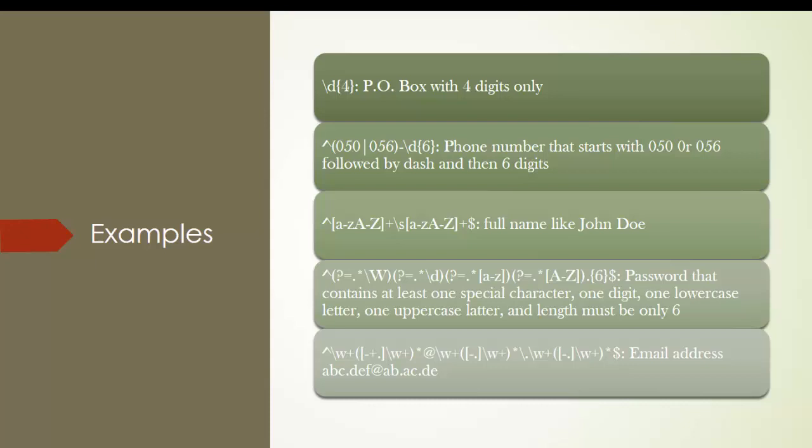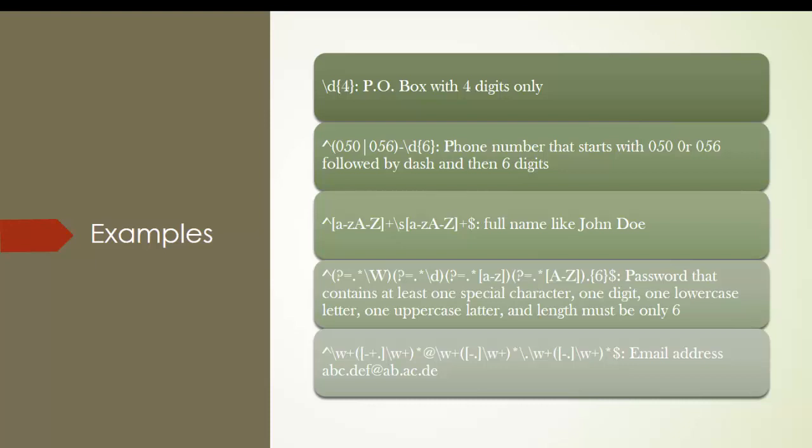Emails also is another story. So we have lots of examples of emails, lots of examples of how to validate emails. Maybe the simplest one would be if we look at the given example. So you have an email like abc.def@ab.ac.de, for example. So if we take each piece and try to find the pattern that matches this.